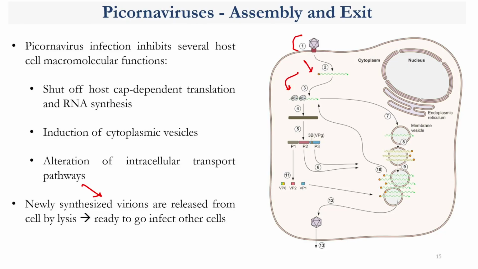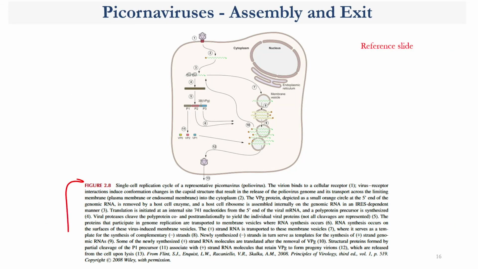So this has all the steps of the virion's life cycle, okay? If you want to look at the different steps, they're all listed here. You can read through that, and you should be able to explain this whole process, okay? So you now know how picornaviruses work.